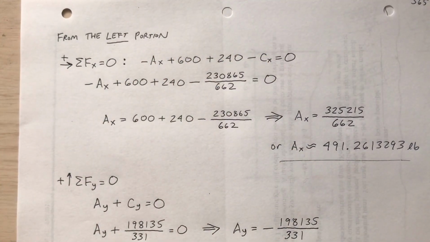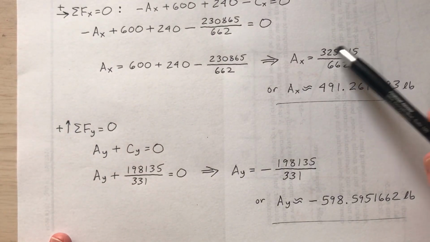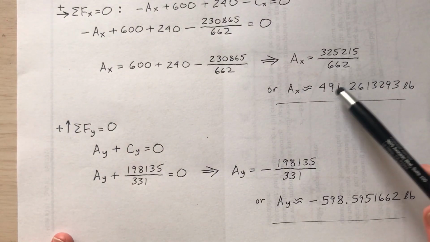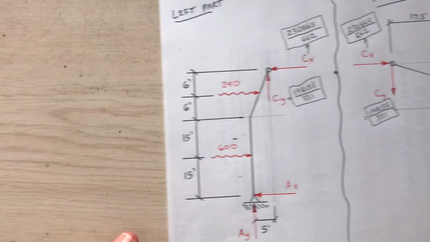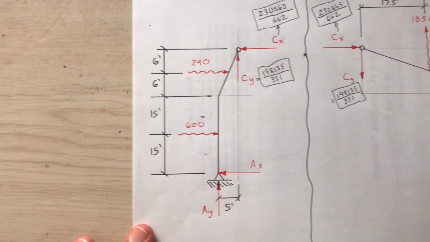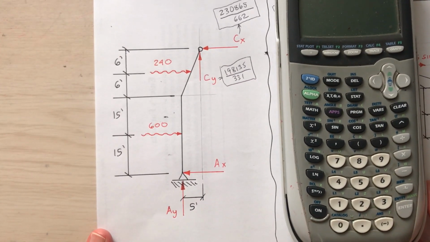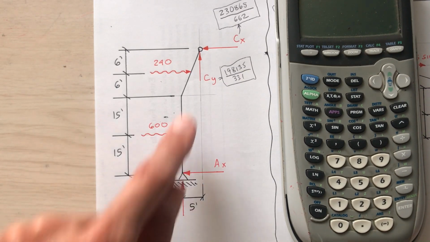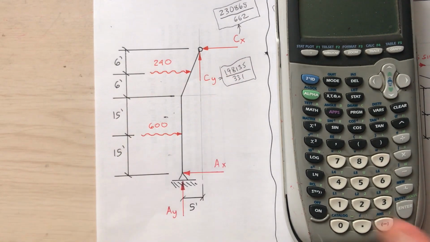Pause the video if you have to. I wind up with A sub x being this exact value here. This is an approximation. Why don't I do the same thing in the y direction? Sum of the forces in the y direction, just looking at the left portion here: A sub y plus C sub y is 0. C sub y is this weird-looking fraction.